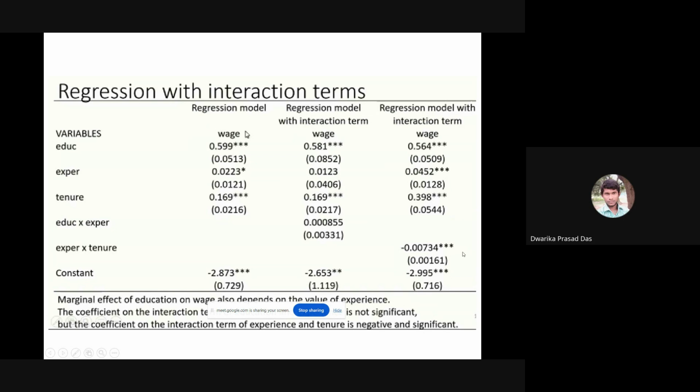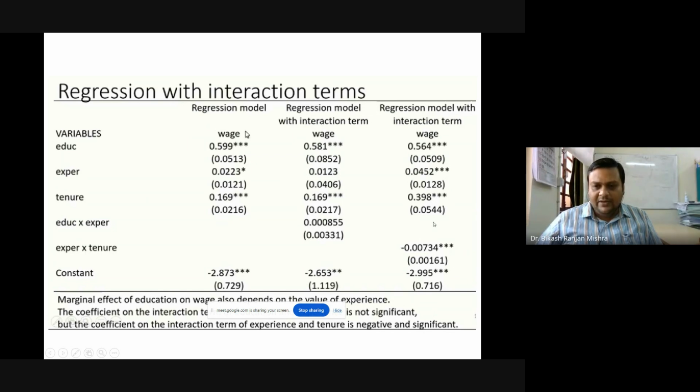So in that way, what I'm trying to say is that whenever they are taken independently, individually, we repeatedly find a similar pattern. But what happens when they are taken combined? The combined effect is significant and negative. That means individually, they are positively affecting wage rate, but when they are taken jointly, they are actually pushing back against each other.